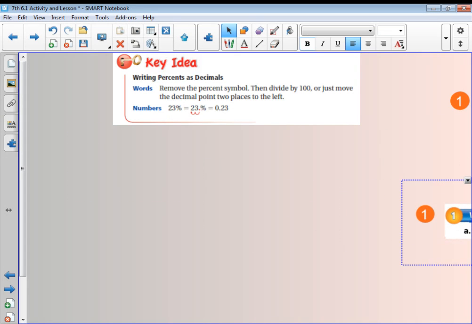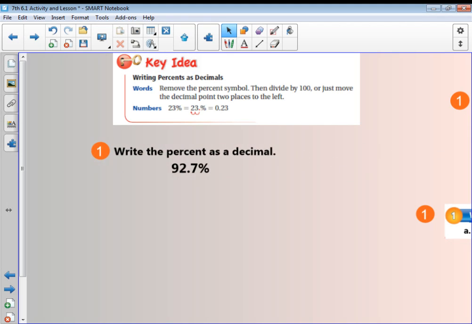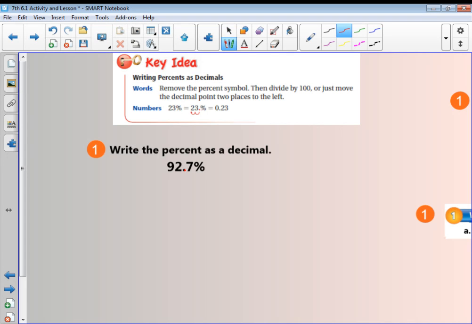Let's have you guys try one out here. Pause your video, work through this one, convert that into its decimal form, and then check back in just a moment. Okay, I'm going to go two places away from the percent sign. So two places away from where it is currently gives me 0.927.